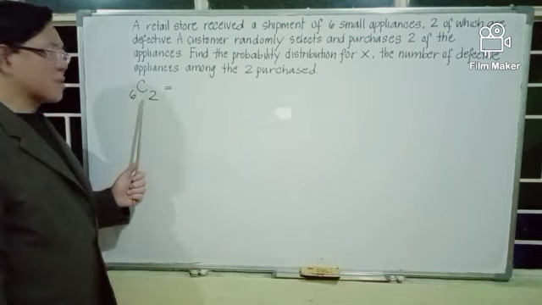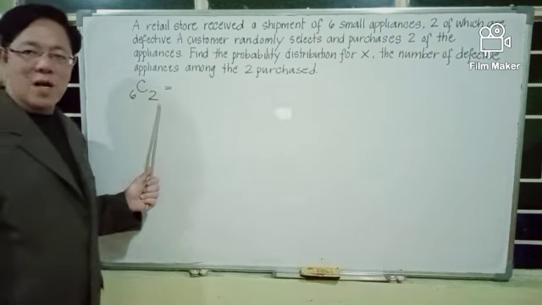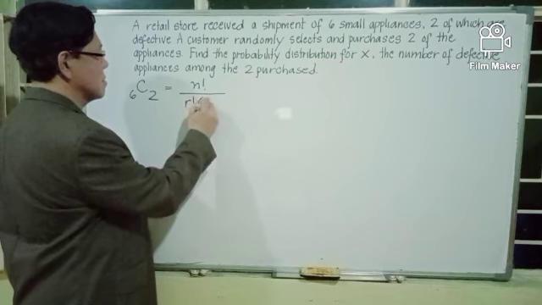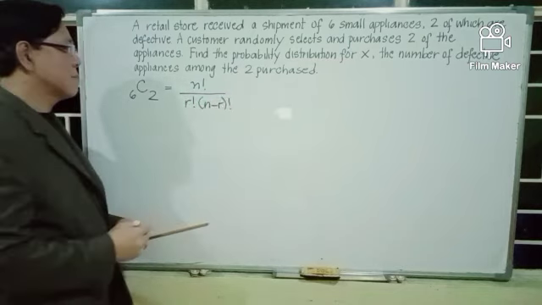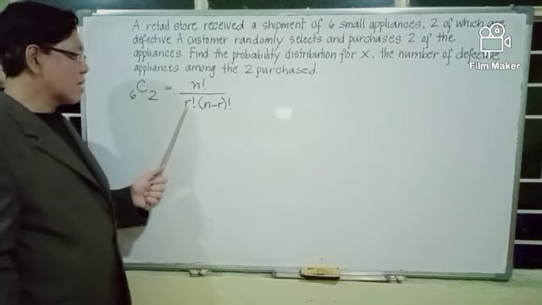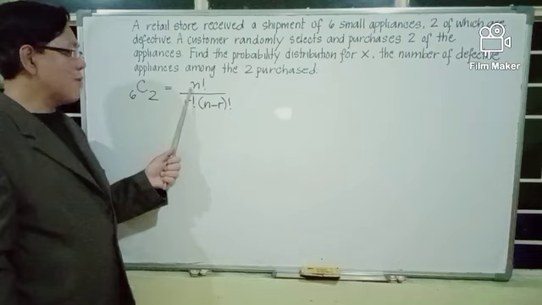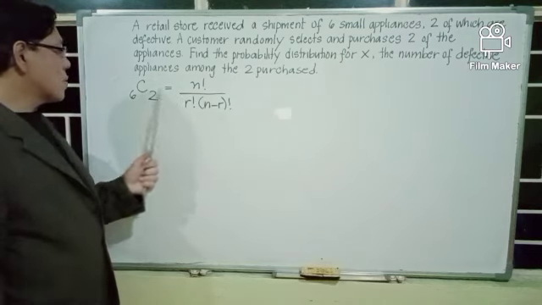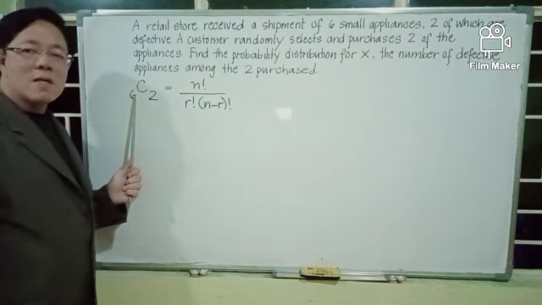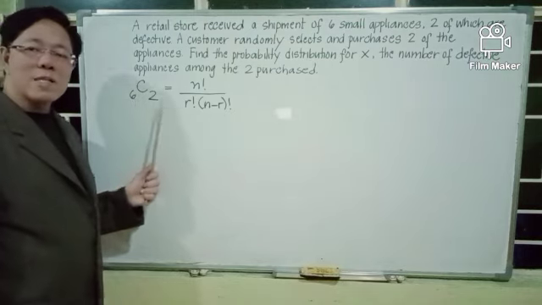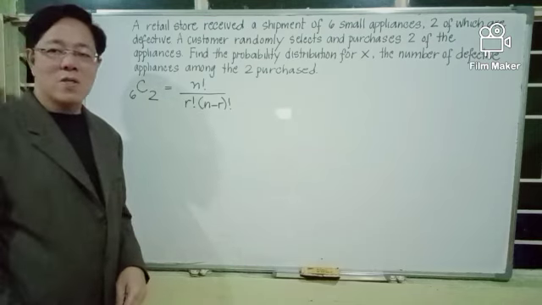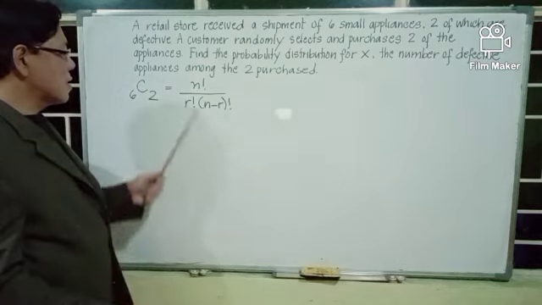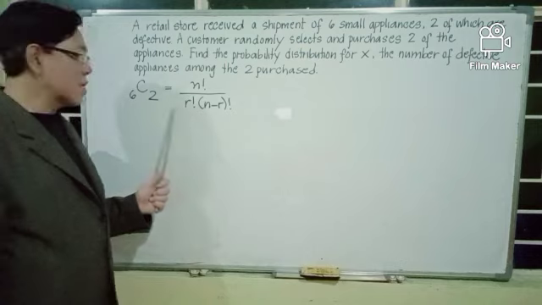But by formula, the combination of n taken r at a time is given by n factorial divided by r factorial times quantity n minus r factorial, where in our problem n is 6, the 6 small appliances, and r is 2, the number of appliances that the customer selected at random. So we replace n with 6 and r with 2.